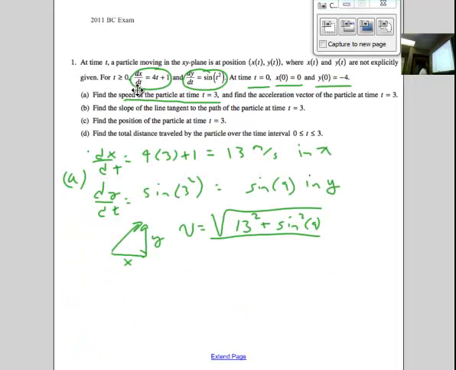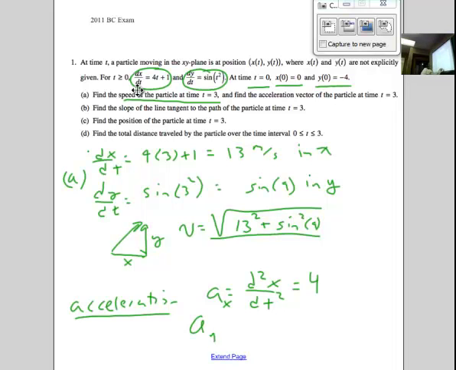And what about the acceleration vector? Well, for acceleration, we know that it is going to be d squared x dt squared, the acceleration in the x direction, which is 4, and the acceleration in the y direction is d squared y dt squared, which is cos of t squared times 2t using the chain rule.